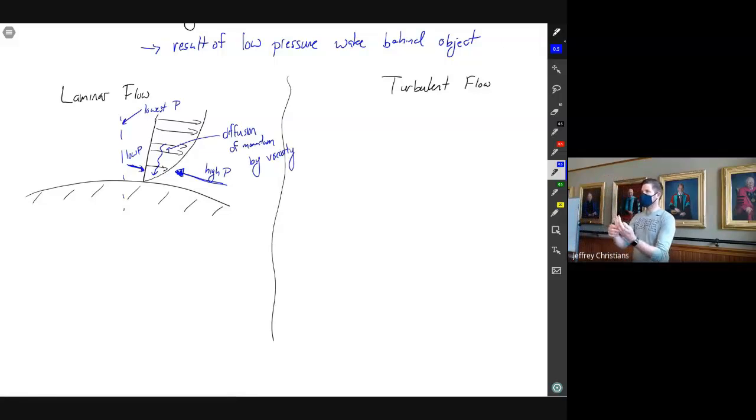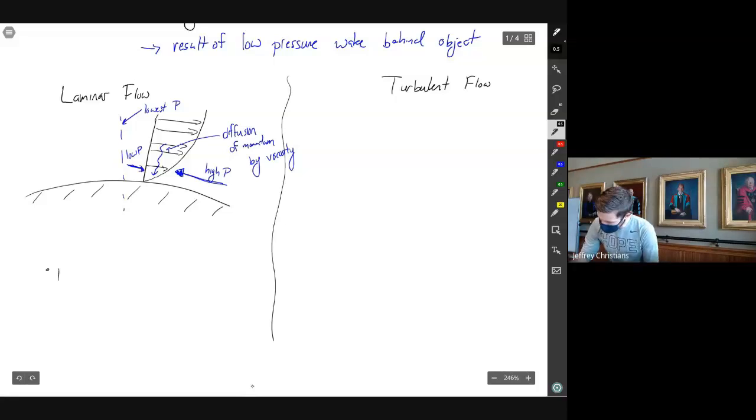So think about it like viscosity is trying to drag that fluid and keep it moving. Pressure is trying to push it backwards and stop it. So it's a balance of who's going to win. And in a sphere, pressure is going to win and cause that fluid to stop and turn around.